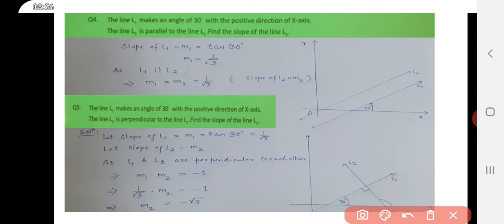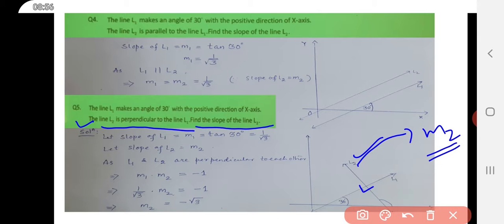Then the line L2 is perpendicular to the line L1. Find the slope of the line L2. Now we have to find the slope of line L2, that is m2.